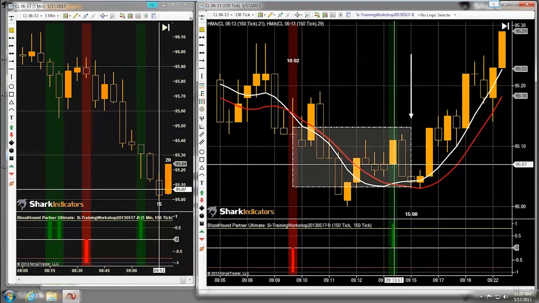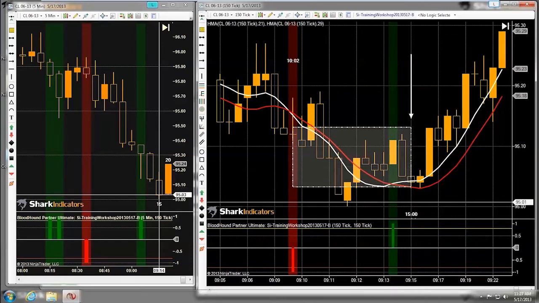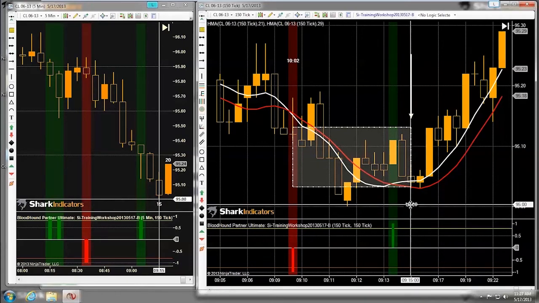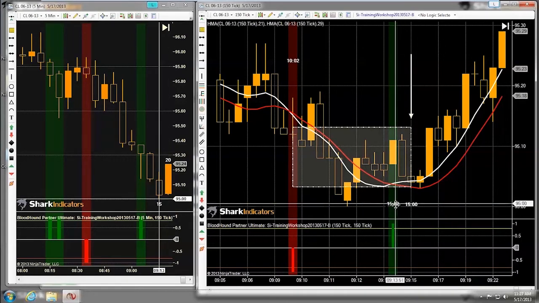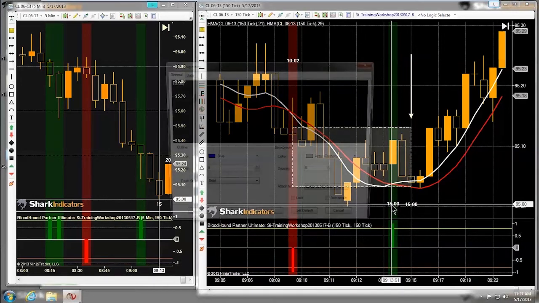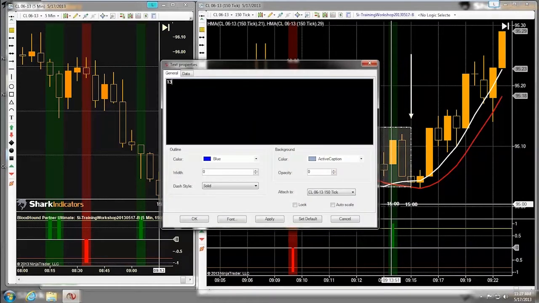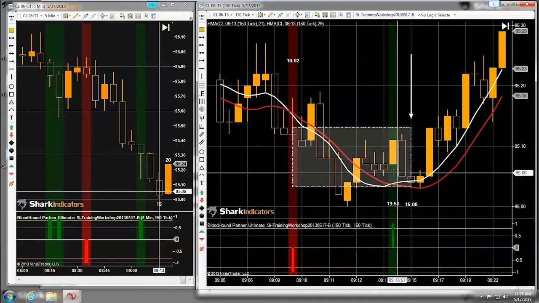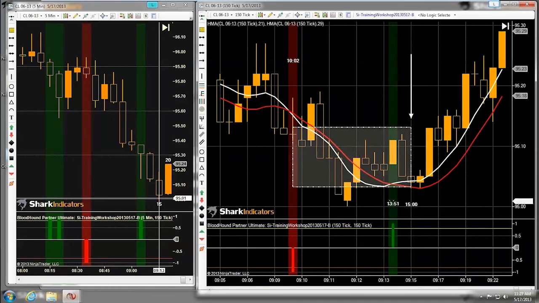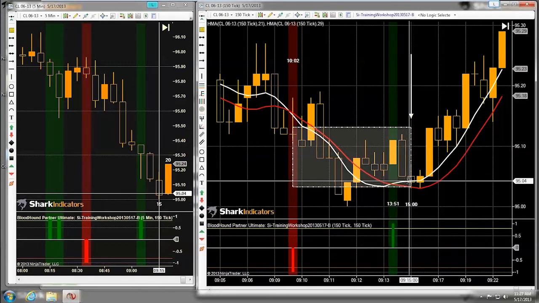All right, so here's what's happening on this tick chart. We did get a cross up, but the timing is wrong. Let me mark the time on this bar that has the cross up. It's 13:51. So this cross-up bar closed on 13 minutes and 51 seconds. And then 2 bars passed.